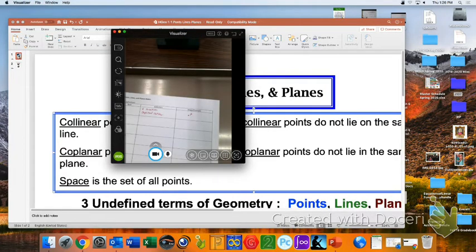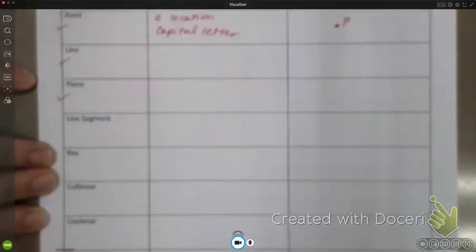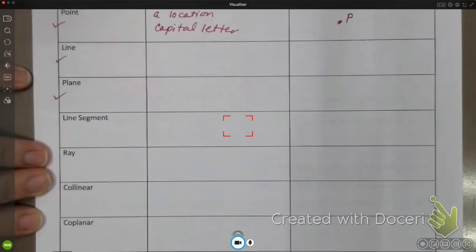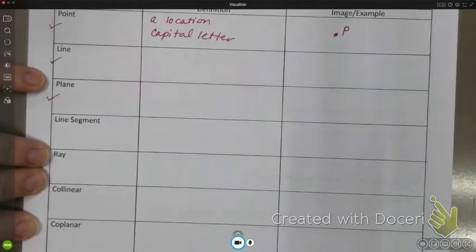Okay, so let's come back to here now. And I didn't write all of those, shame on me. But let's fill in the ones that we were missing. We missed line, segment, and ray, correct? Actually, you know what? Let's go ahead and review.